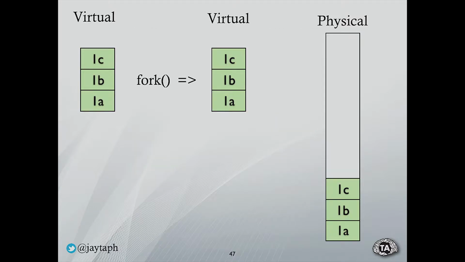So what happens here is that we have an application, 1A, B, C, and we fork that, so we get a 1A, B, C after that as well, but they all point to the same physical memory blocks, 1A, B, and C. Now, those two processes will run independently from each other, and they will do separate things.